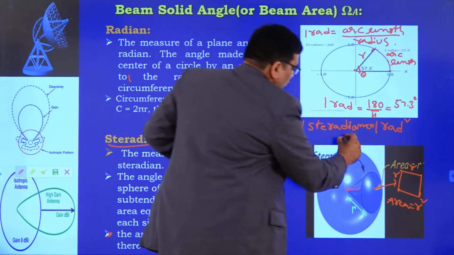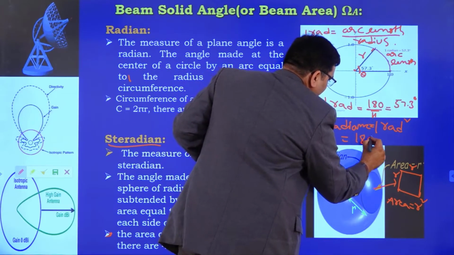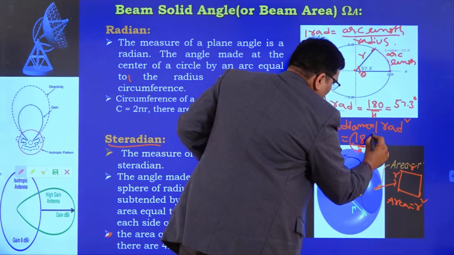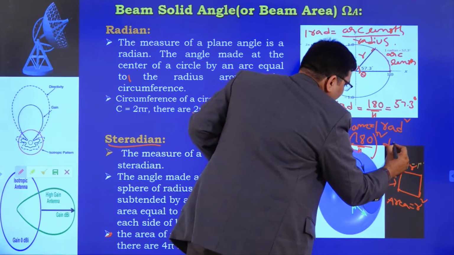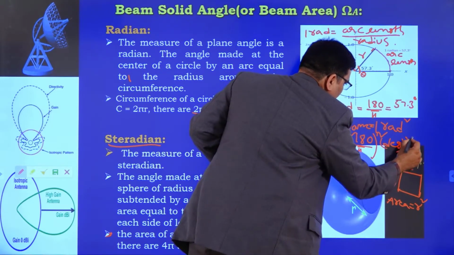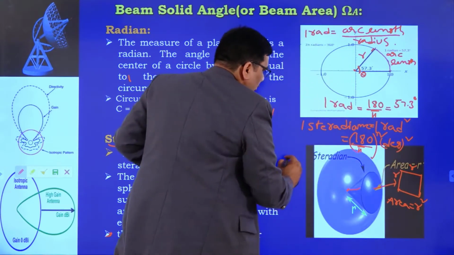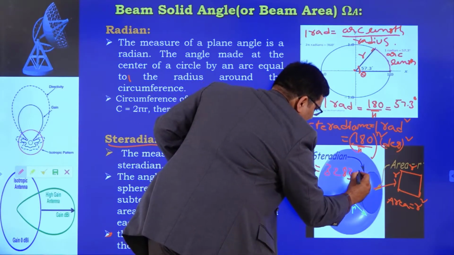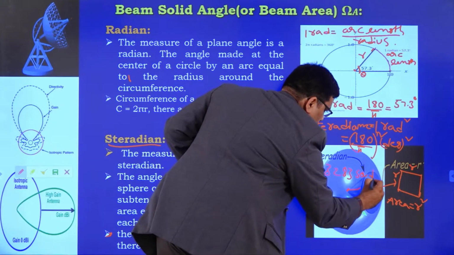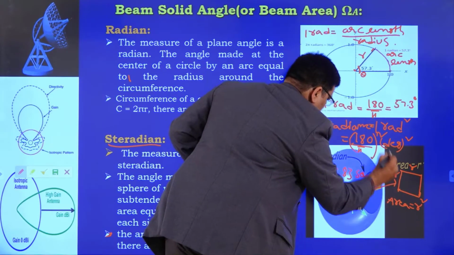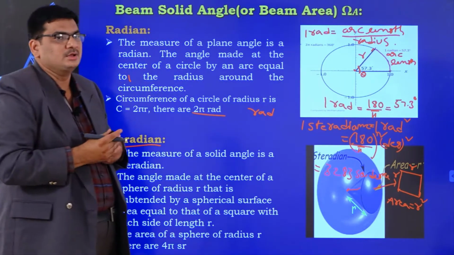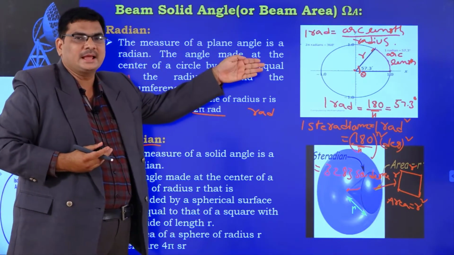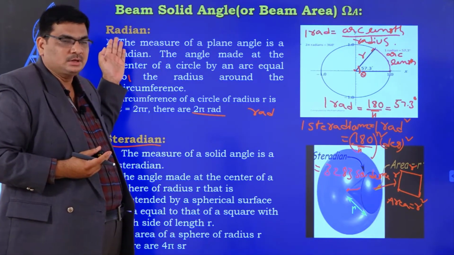That is equal to 180 by pi whole square degrees square, that is equal to 3283 square degrees. This is about the steradian. If you want to measure a plane angle, we require the radian.